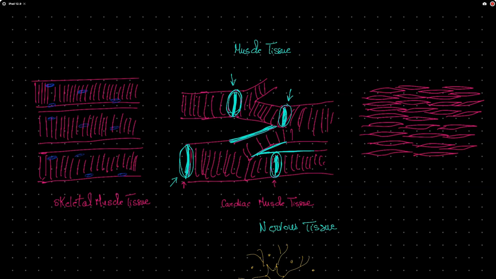They are mononucleated. And there are no striations. I don't see any striations here. So what kind of muscle tissue are we looking at here? We're looking at smooth muscle tissue.